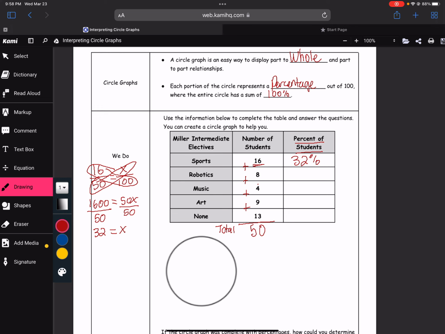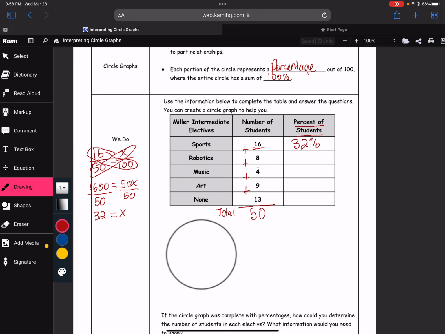So 32% of the students selected sports. Let's move on to the next one, robotics. So we have robotics here, 8 over 50, and we're going to do the same proportion, x over 100. I apologize, I thought there was a typo. Actually, no, there wasn't.